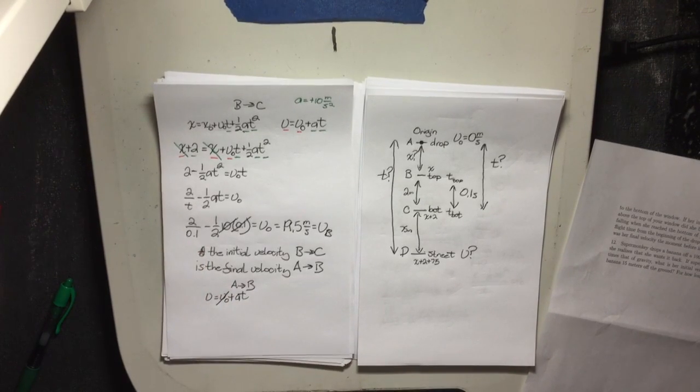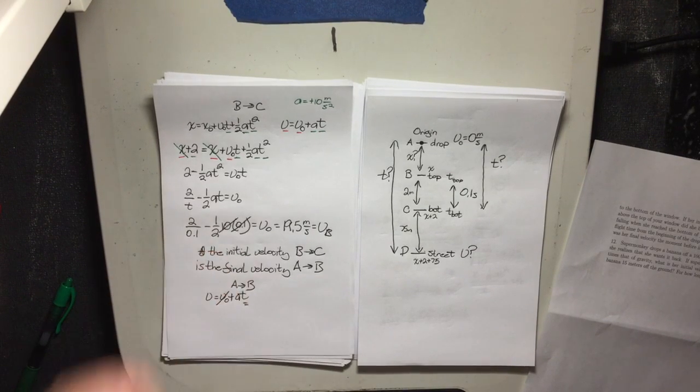The final velocity, the velocity at B, is 19.5. She's on the planet Earth. A is 10. The only unknown is T, the time from A to B.